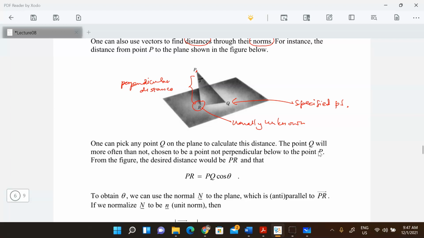So we pick any given point on the plane, and that gives you a vector PQ. What else do we need? We need the angle. The angle should be known.